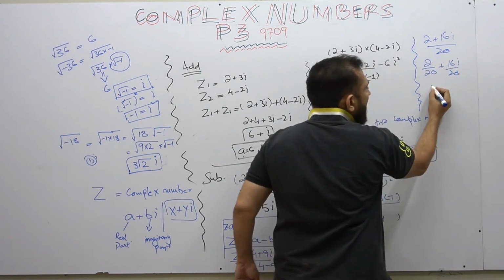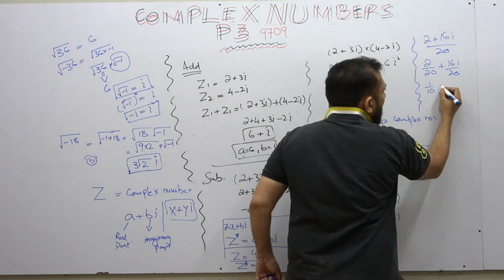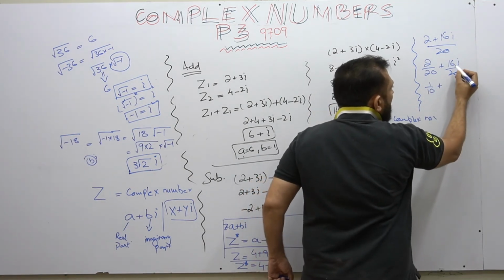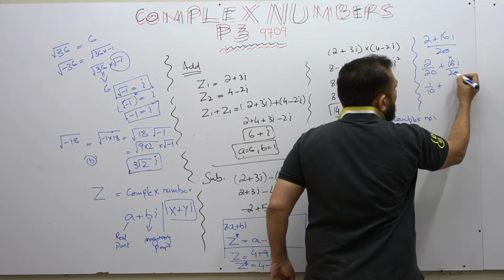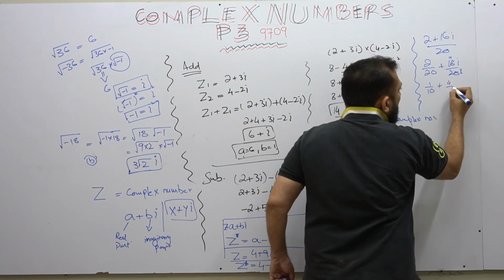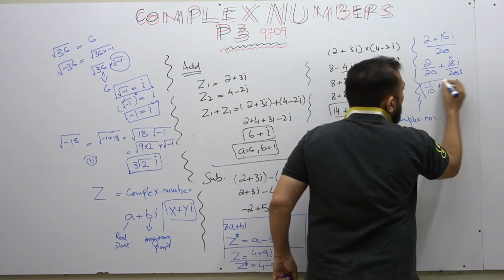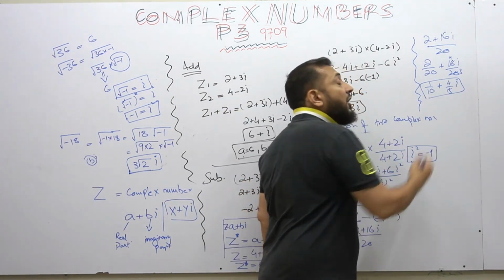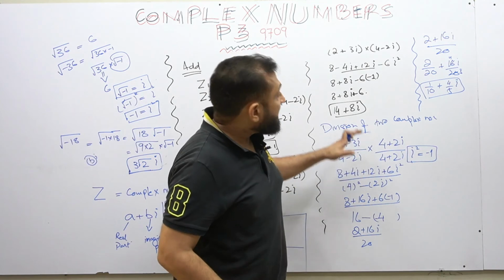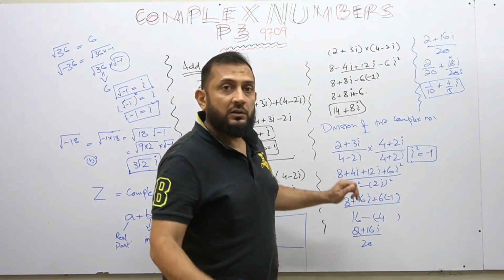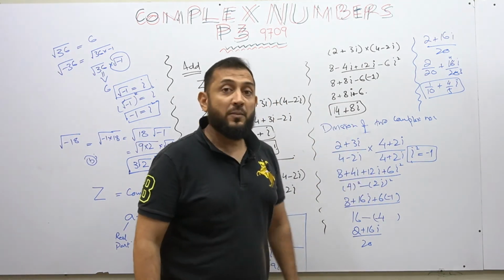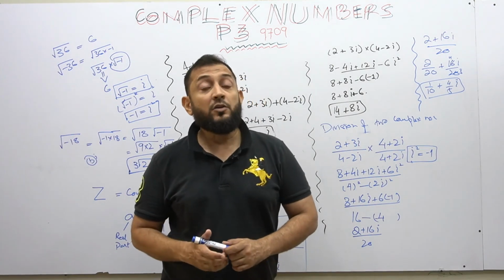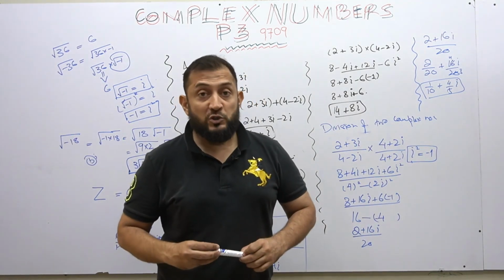Now you can simplify, you can write 1 upon 10 plus 4 upon 5i. So now we have the complex number in the form of a plus bi or x plus yi. This is how we do the division of two complex numbers by using the method of rationalization of conjugates of denominator.